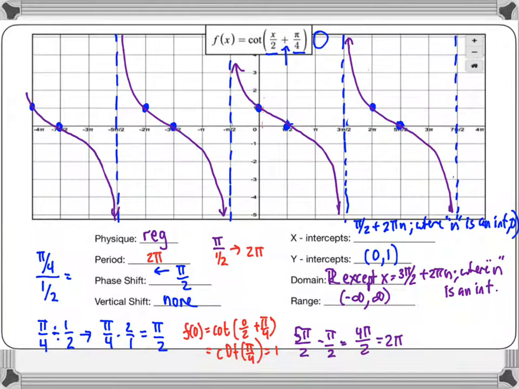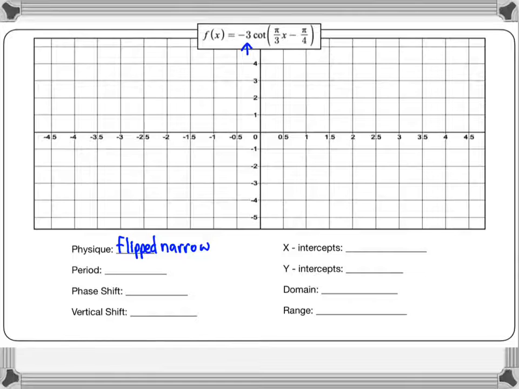So now that we got that under control, we're going to find the period. We have pi divided by this guy right here, which is pi divided by 3, and therefore that is going to give me just 3.